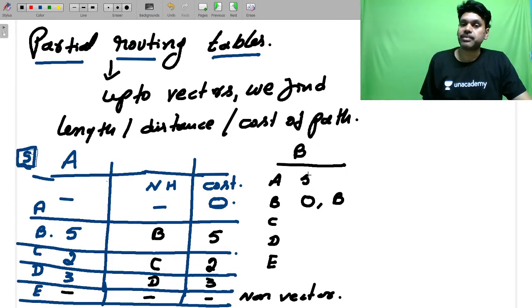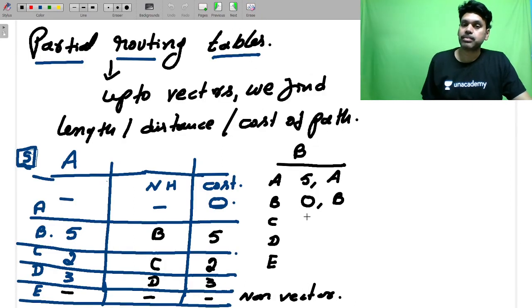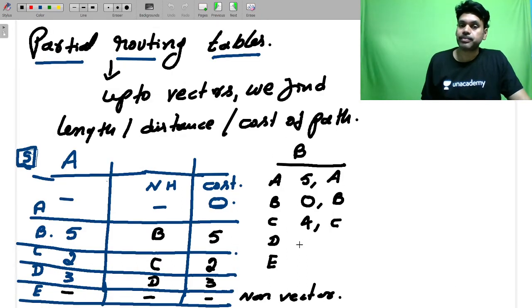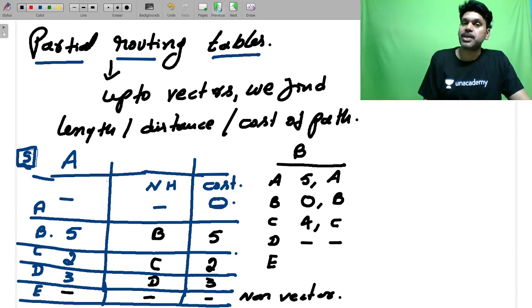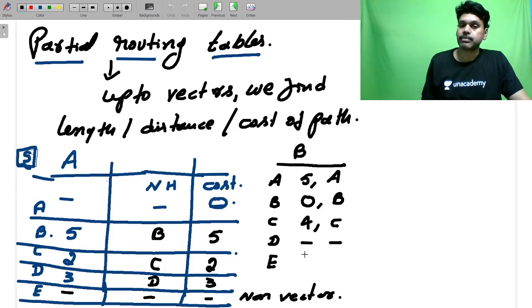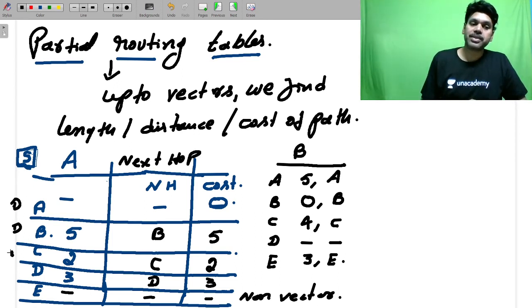So cost is 5. My next hop is A. And B to C, can I find B to C? Obviously, it is 4. And C is my next hop. Can I find B to D? Not possible because D is not your direct neighbor, right? So leave it. Can I find B to E? Yes, because E is a neighbor to that. E is my next hop. Here NH is nothing but next hop only. This is your source, they are your destinations.